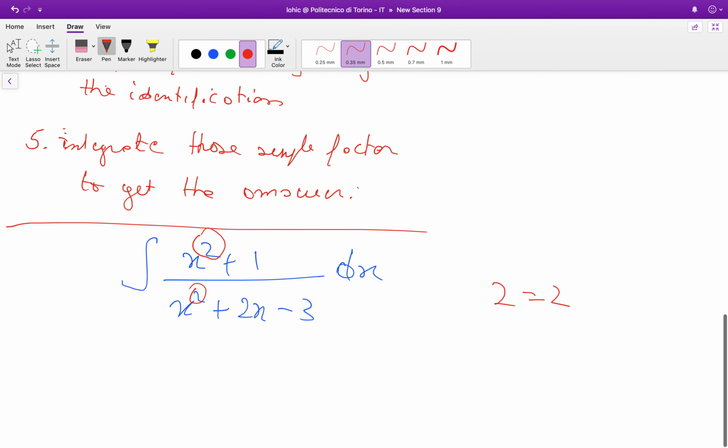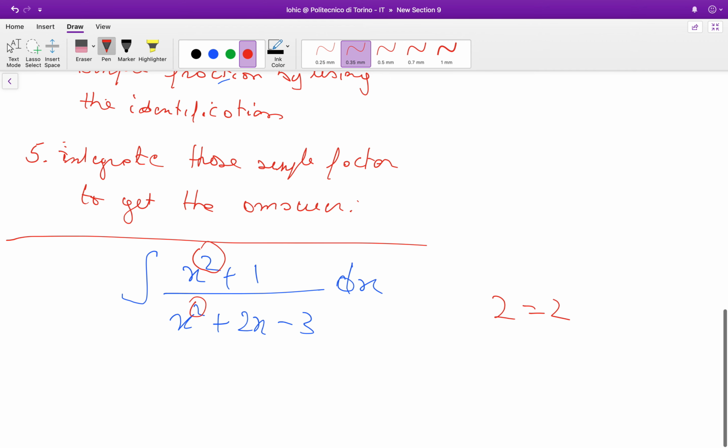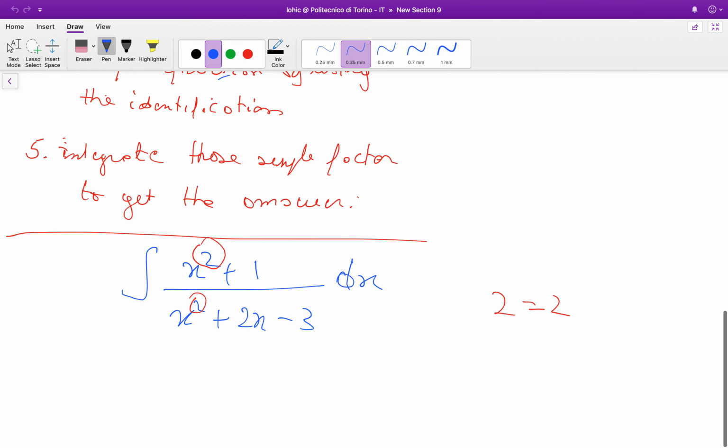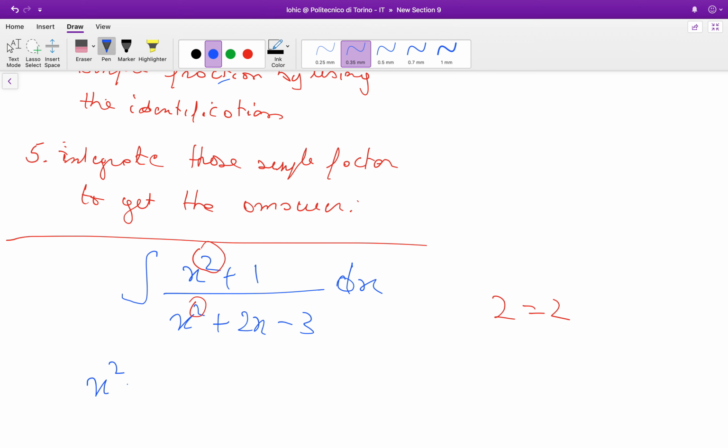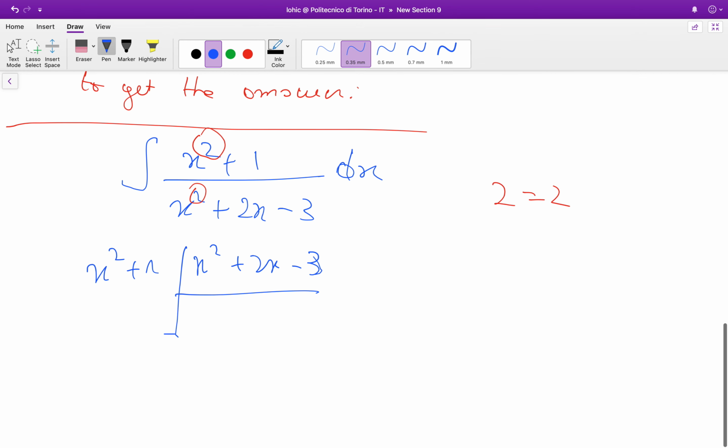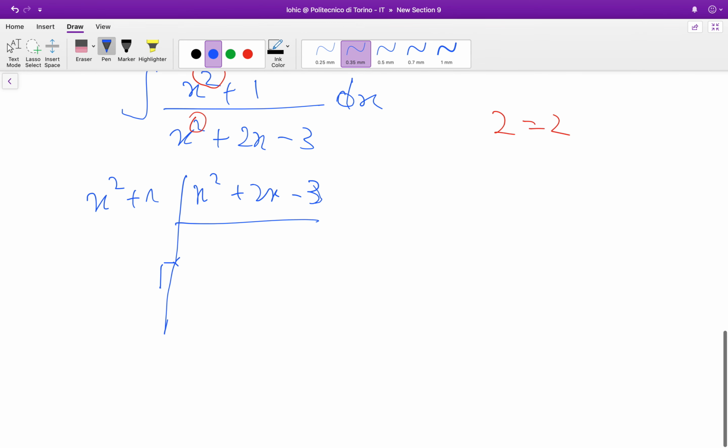Step 2 says do the Euclidean division. Euclidean division means that I will take my numerator x squared plus 1 and divide it by x squared plus 2x minus 3.